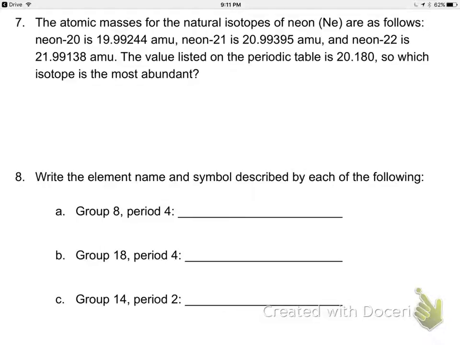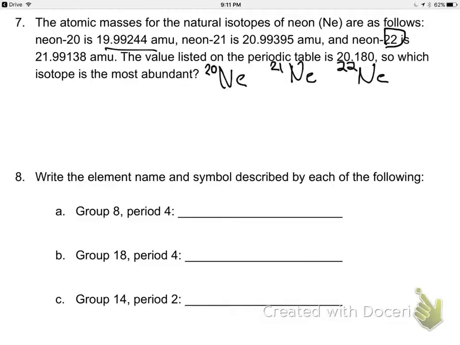All right, number 7, the atomic mass for the natural isotopes of neon are as follows. So neon 20 has an isotope value that's very close to 20. 21 is very close to 21. Okay, so these numbers must be the masses here. So we have neon 20, neon 21, and neon 22.